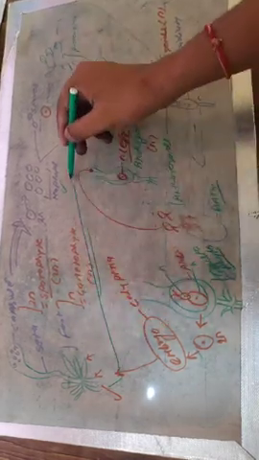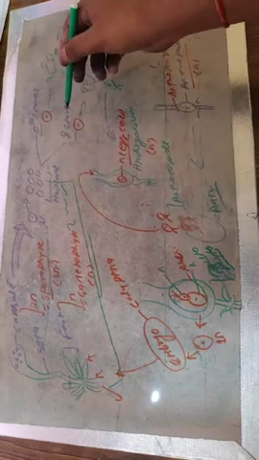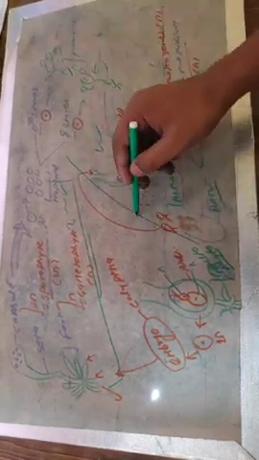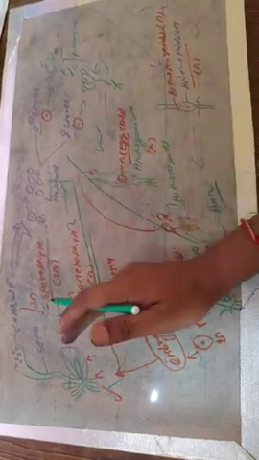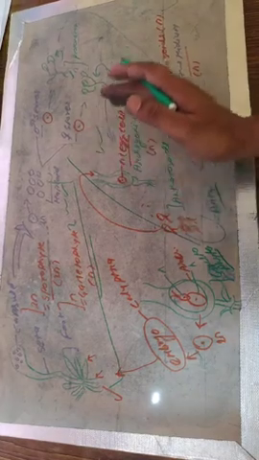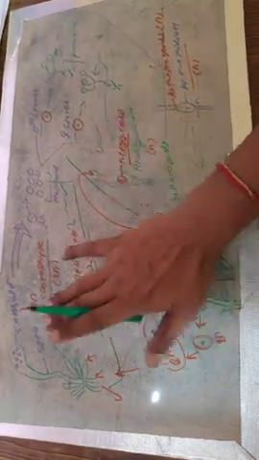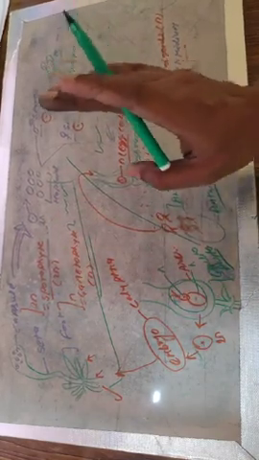Listen carefully. From the main body to here it is diploid, and from the protonema to the archegonium it is haploid. It means half of the life cycle of Bryophyta remains diploid and half is haploid. That's why the overall life cycle of Bryophyta is known as the haplodiplontic life cycle.